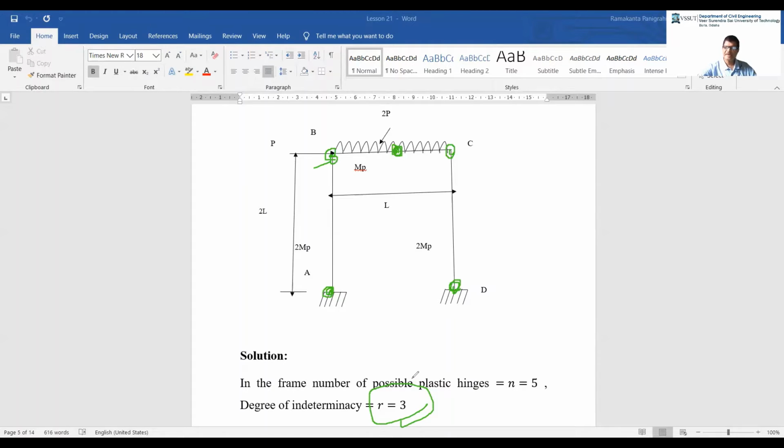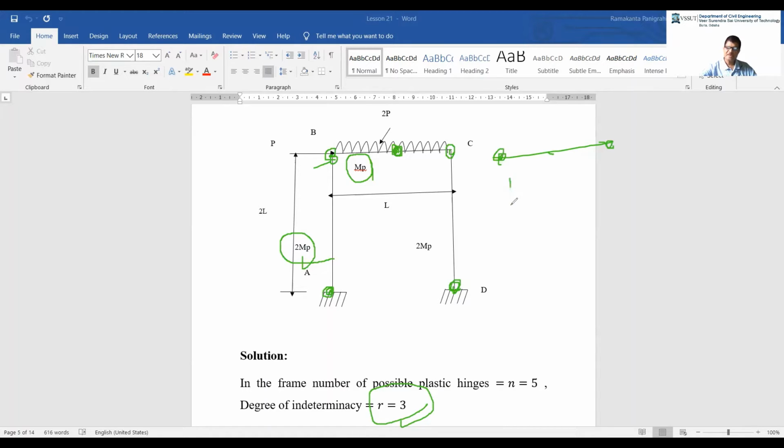There will be 2 independent mechanisms, like we have discussed in the other problems. One is the beam mechanism, the other is the sway mechanism. But the problem here is that it is 2 MP for the column and MP for the beam. So while calculating the plastic hinges, everywhere here and here will be MP, because 2 MP in the column, MP in the beam, so the lesser value is MP, so MP will be considered.